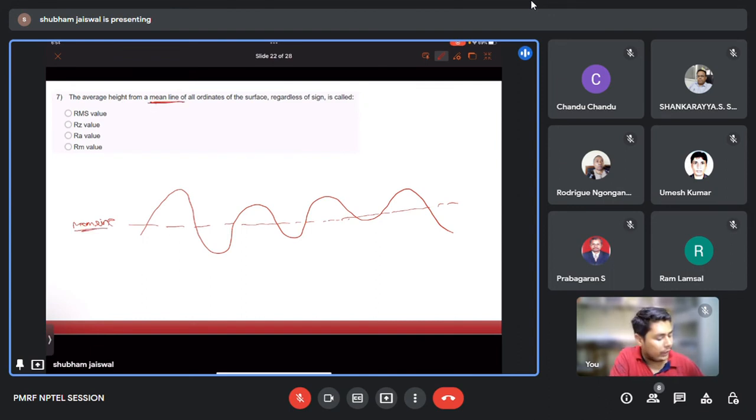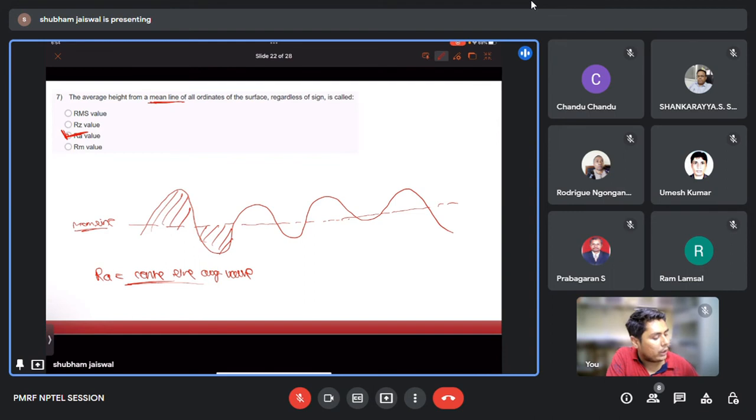If we take the height above this one or this one, and we don't consider its sign, that is the RA value, the center line average value. So in the RA value we don't consider the sign. So the correct answer will be the RA value.